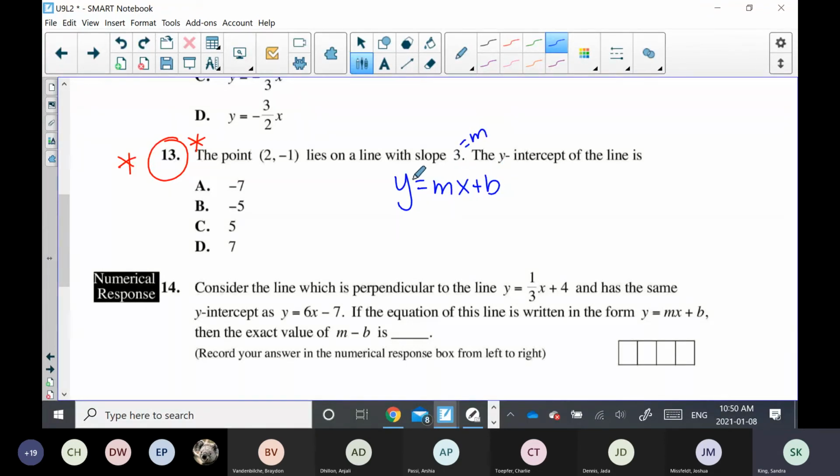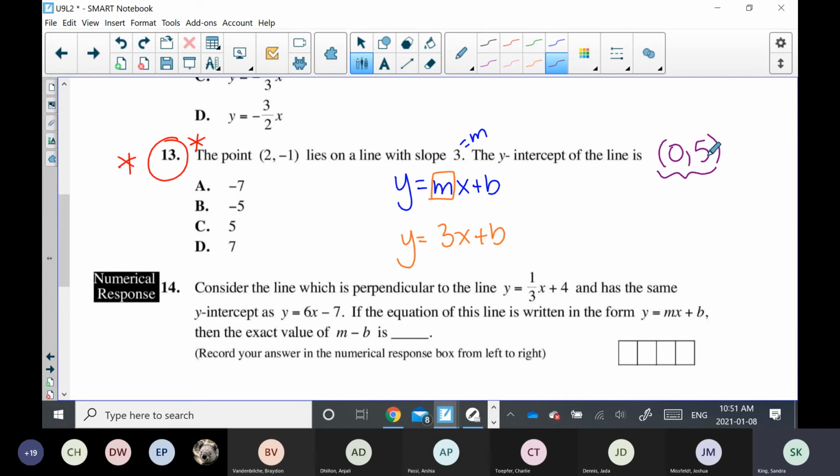So what I'm going to do is I'm going to take this equation that I know, and let's take m out, and let's put 3 in. 3x plus b. Now, up to this question, all of the points have been something like this. X is 0 and y is 5.